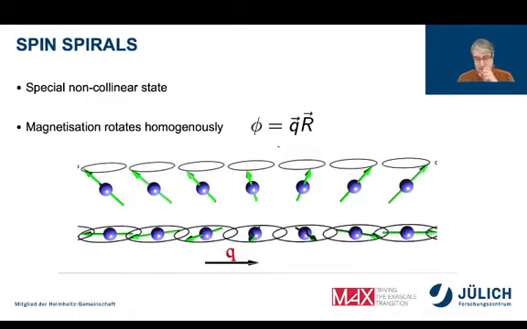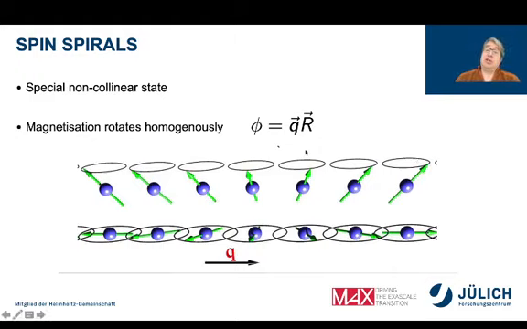A very special case of a non-collinear structure is a so-called spin spiral. That is something which is a very important concept and very often studied. A spin spiral is a state in which the magnetization direction of an atom rotates by some fixed angle when you go from one unit cell to another.